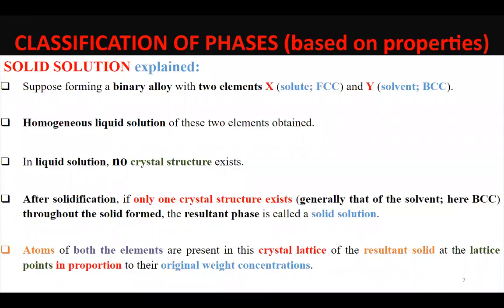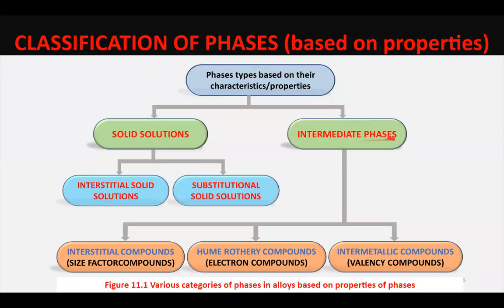That means you might not have this type of a phase. But in an alloy system, it is not possible that you have only this type of a phase and this is not there. In other words, this phase is only a byproduct of this. This may be there or this may not be there.